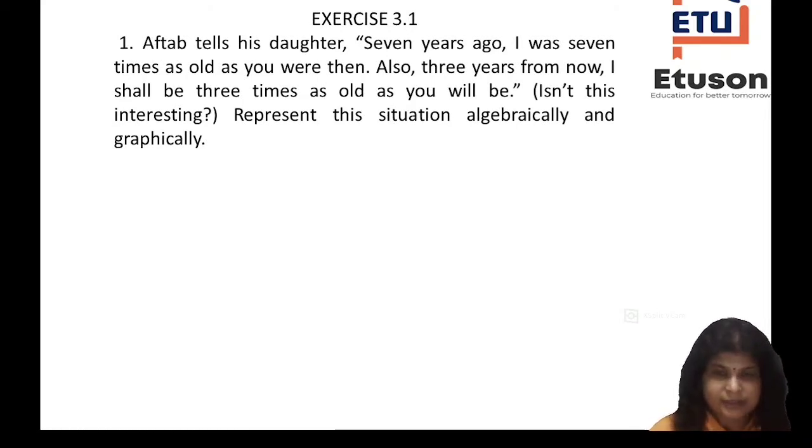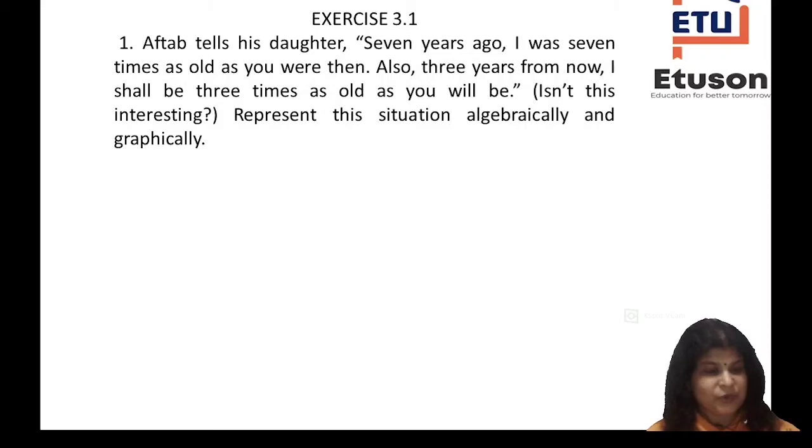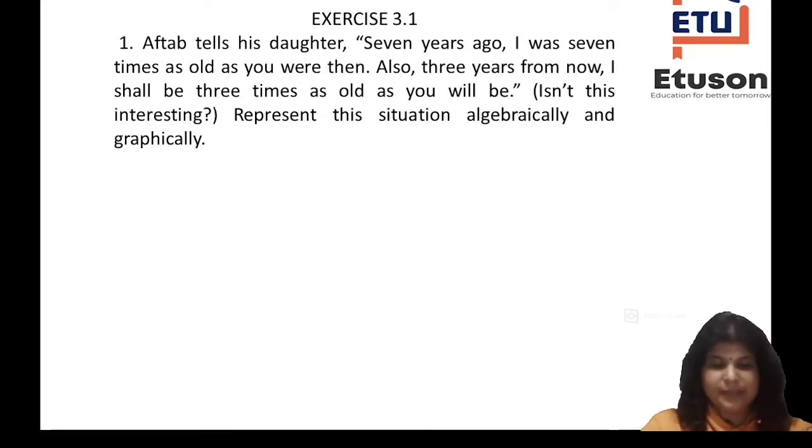Aftab tells his daughter, 7 years ago, I was 7 times as old as you were then. Also, 3 years from now, I shall be 3 times as old as you will be. So, this problem sounds interesting, right? Okay. So, what will I consider then?